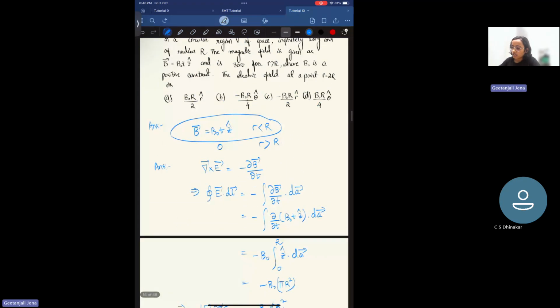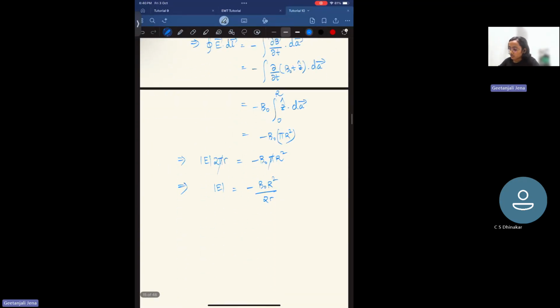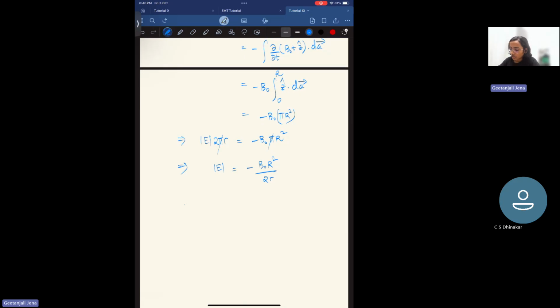And the question is asking what will be the electric field at a distance r equal to 2R. So we just need to put the value of r. The electric field is minus B0 R² over 2r, so this will give minus B0 R by 4.